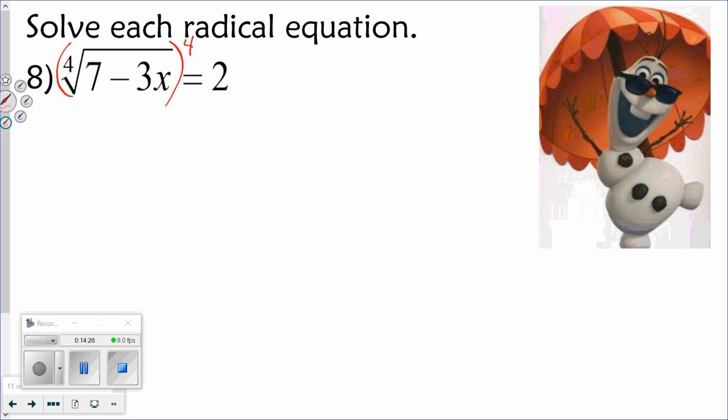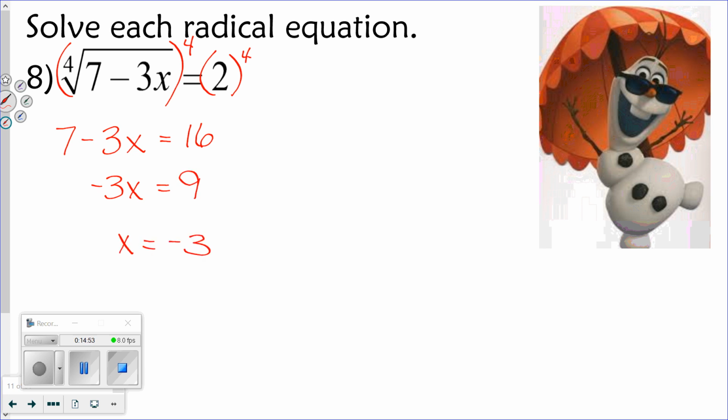Fourth root and fourth power mean very different things. So that's going to give me 7 minus 3x equals 2 to the 4th, which is 16. Solving, I get negative 3x equals 9. So x equals negative 3.